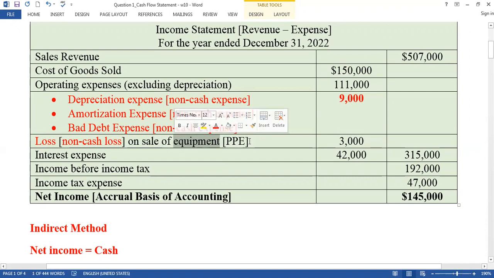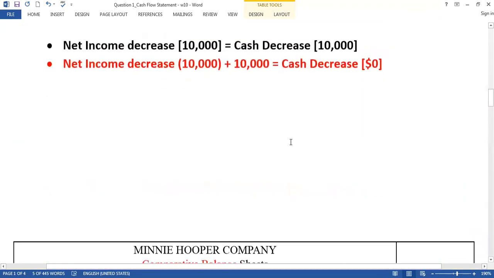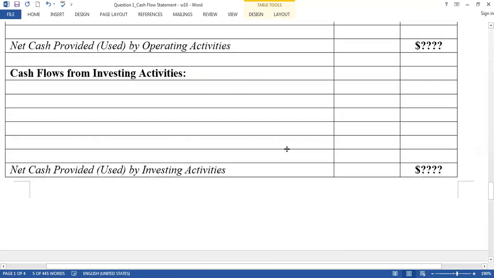But we know that property, plant, and equipment is investing activities. Look at it, up to here, this is investing activities. You sell equipment and you receive cash, right? So where should we transfer this cash? We should transfer this cash to the investing activities.